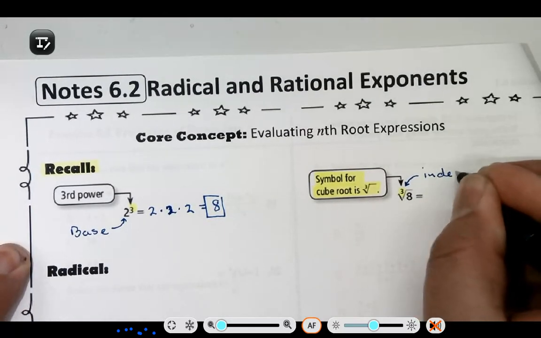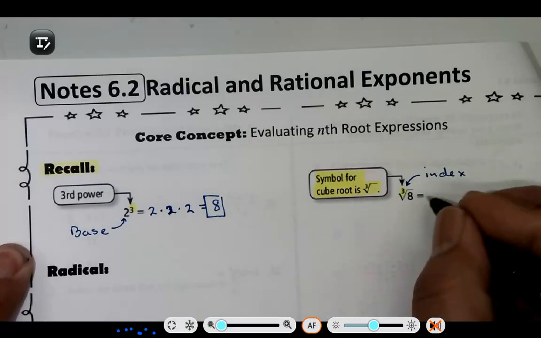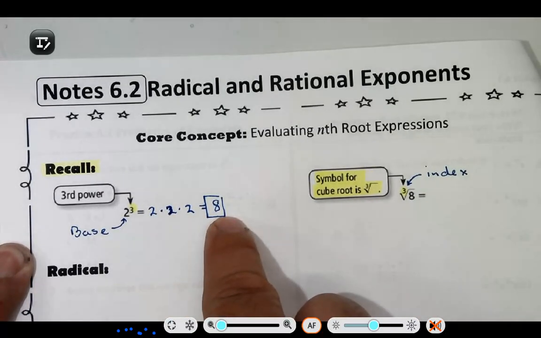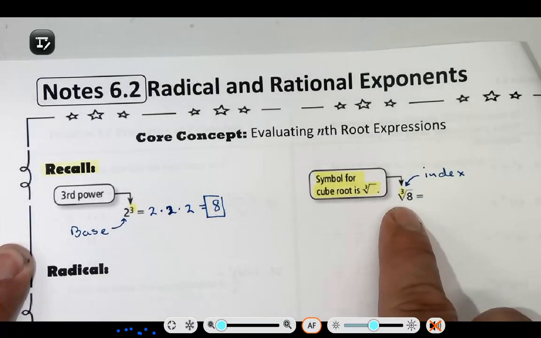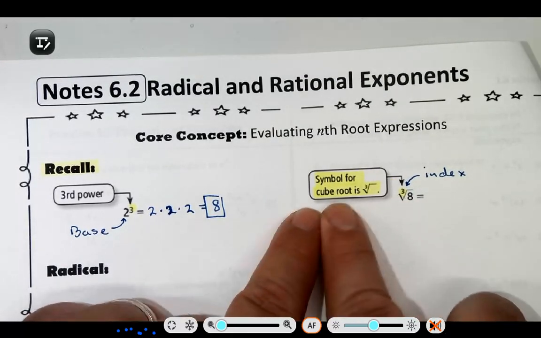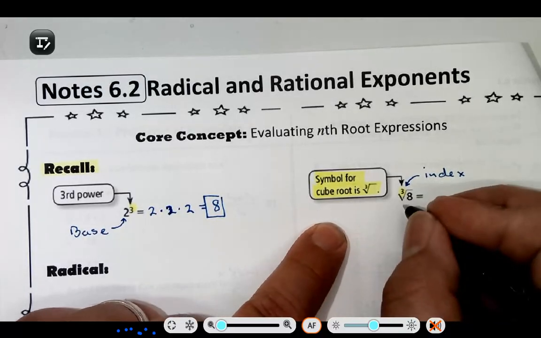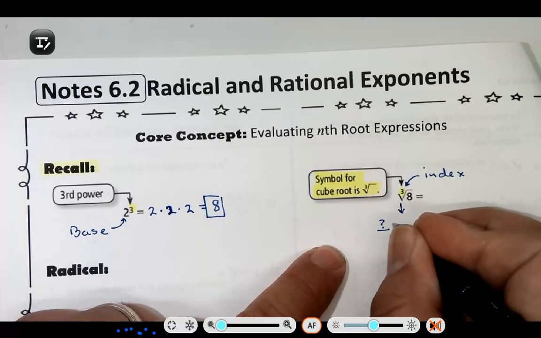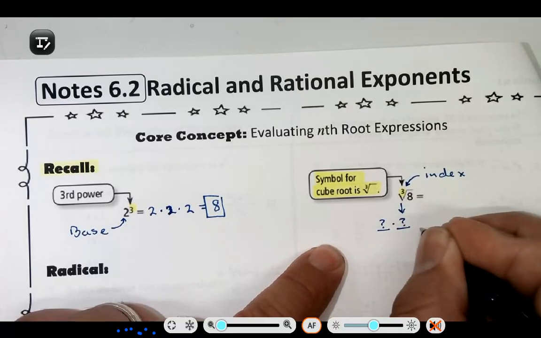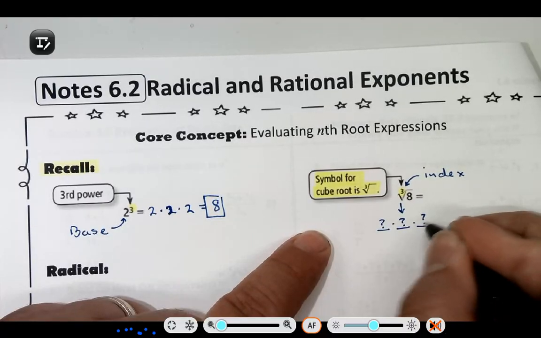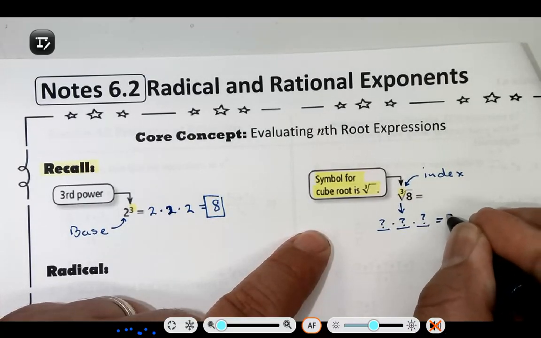So if this is the index, and the question becomes, well, if 2 times 2 times 2 is equal to 8, when we see a radical, or in this case, a third root, we call it, or a cube root, has a couple different names, what they're asking is this: what number do I multiply to itself 3 times, because it's a cube root, to get an answer of 8?